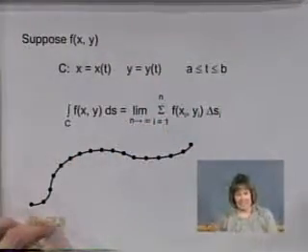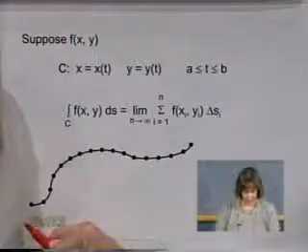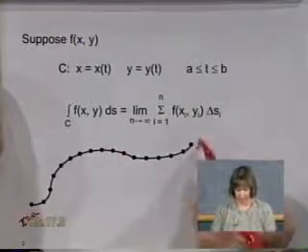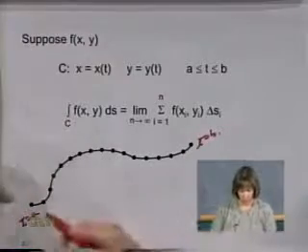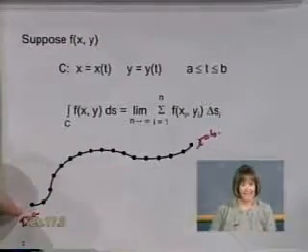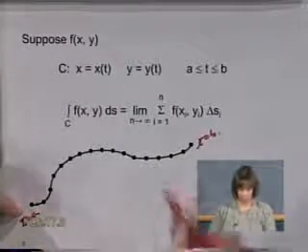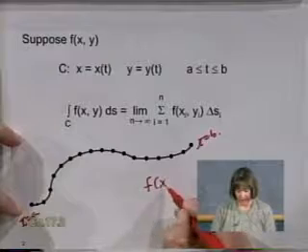Now the whole idea of a line integral is that here's my curve that's going from t equals a to t equals b. And what we do is we break the curve into little subcurves. And in each little subcurve, we take a point in the subcurve, and we evaluate f at that subpoint.